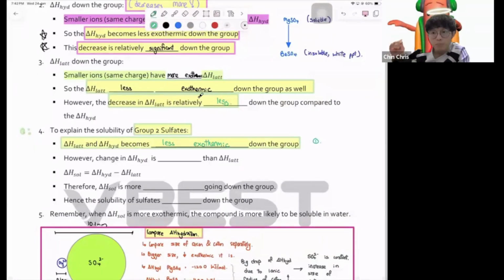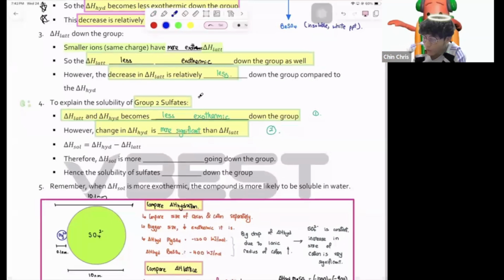You have to tell me both become less negative. However, second part, the change in hydration is more significant than lattice. That is your second mark.